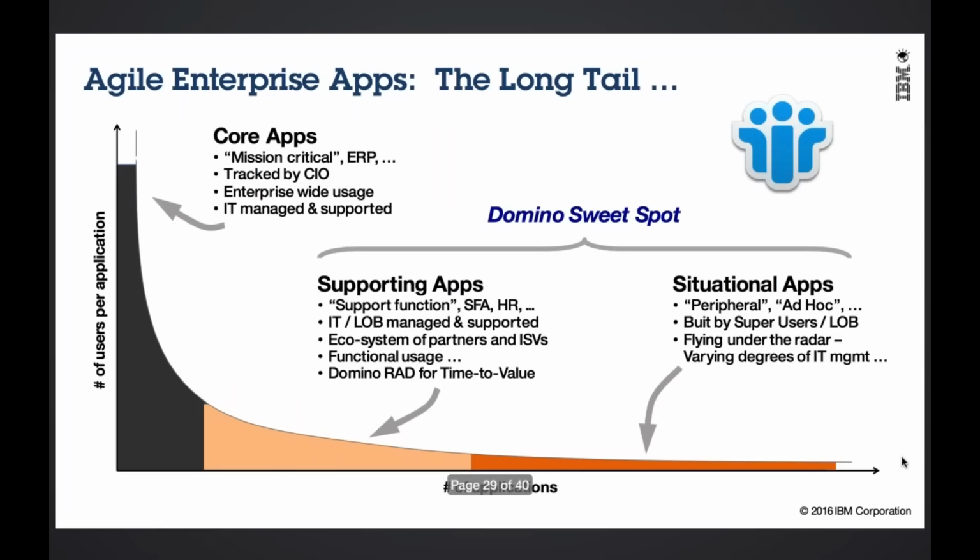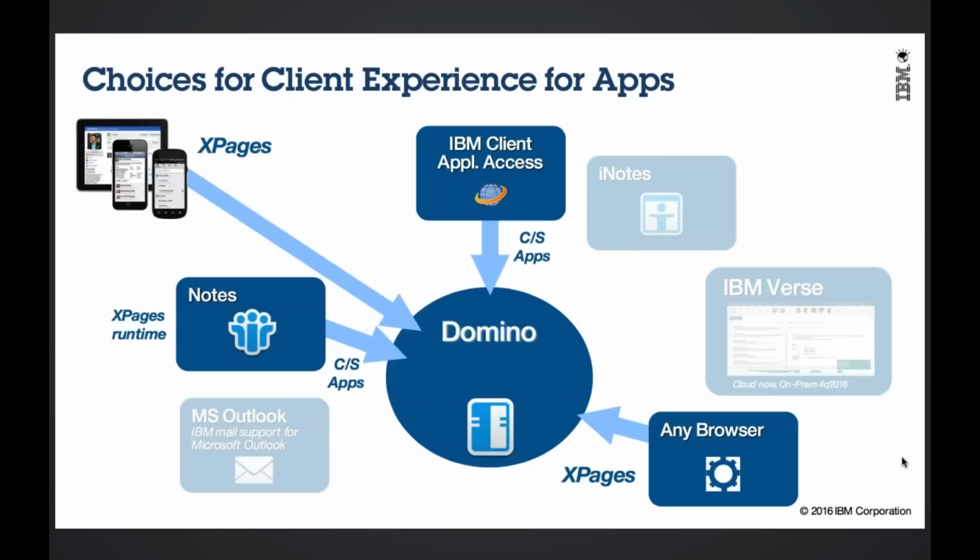Just to complete the picture of user experiences, what we do with the application side is that, yes, you can serve up XPages to browsers or to mobile devices, or you can actually have Notes. Notes in itself is an XPages runtime, so you can take your XPages applications offline as long as you don't use any of the data sources. They can actually work in your Notes client.